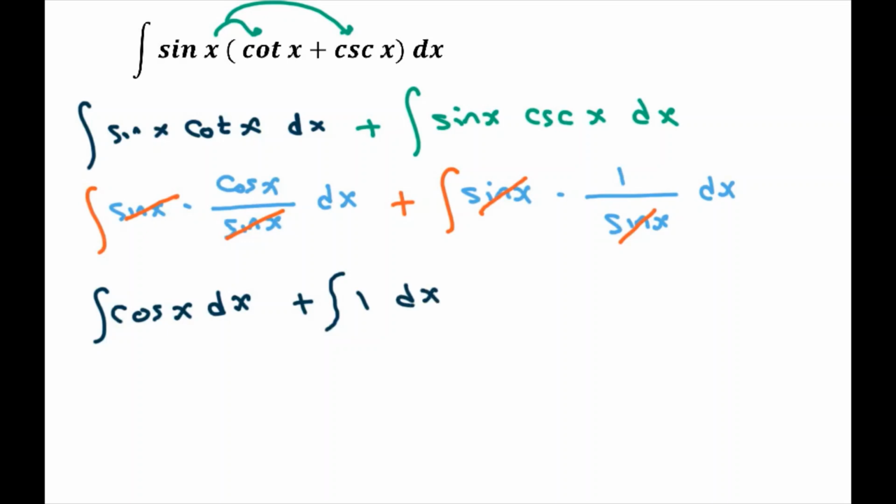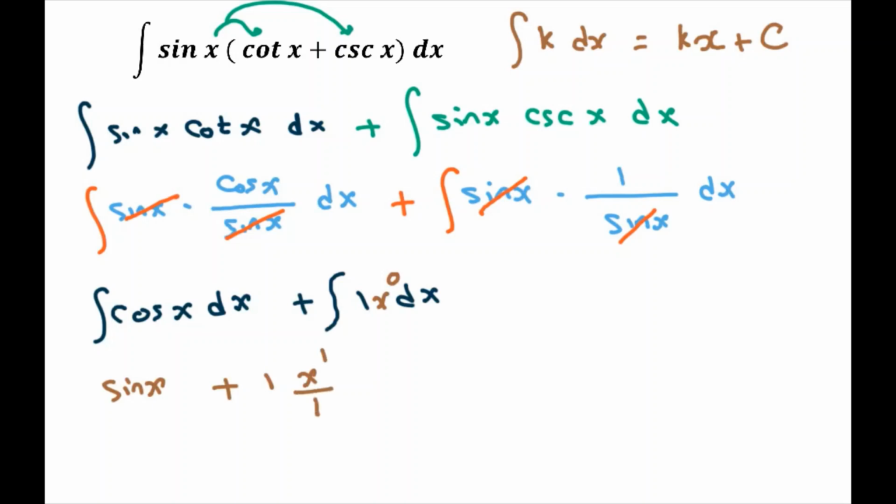Now the integration of cosine is sine x, because the derivative of sine x is cosine x, plus the integration of any constant k will be kx plus constant. Or you can say if this is x to the power of 0, that will be x to the power of 0 plus 1 over 1, which means x. And then don't forget the constant.